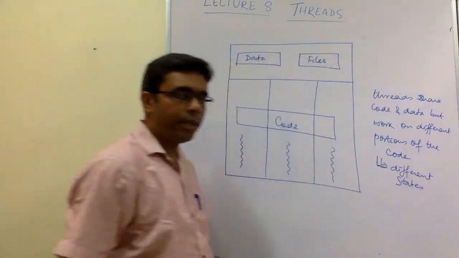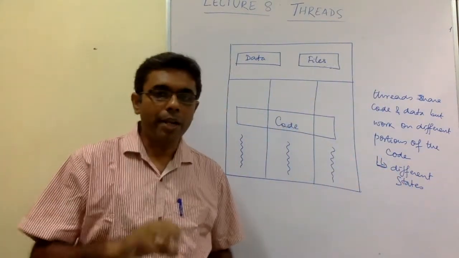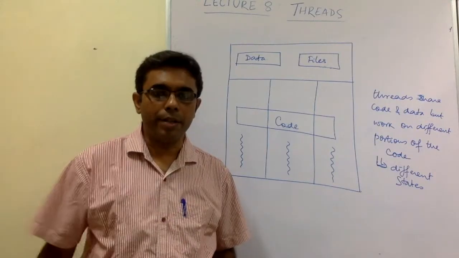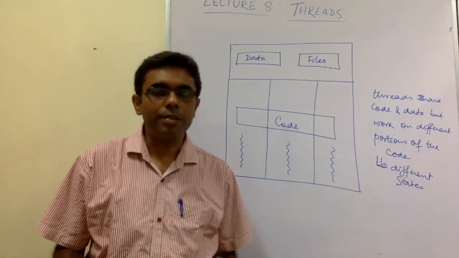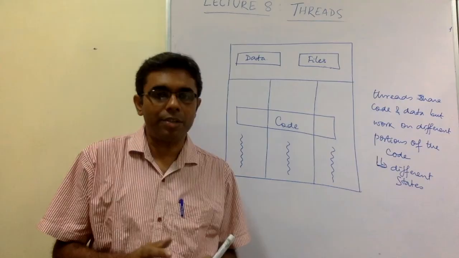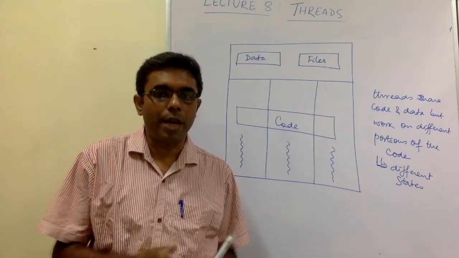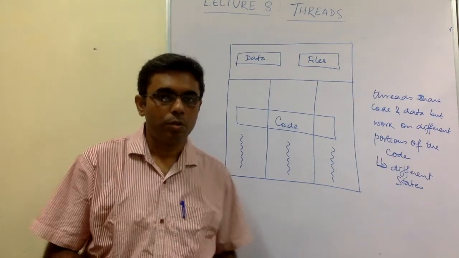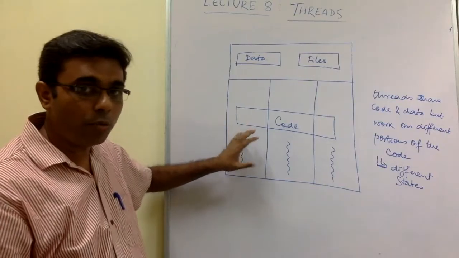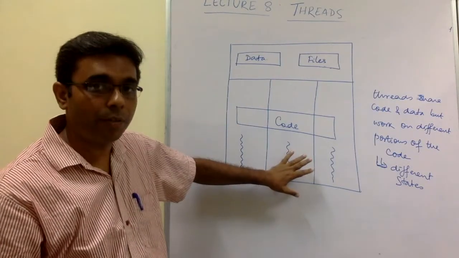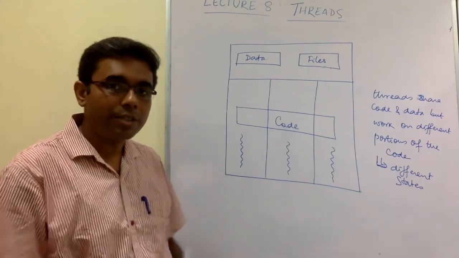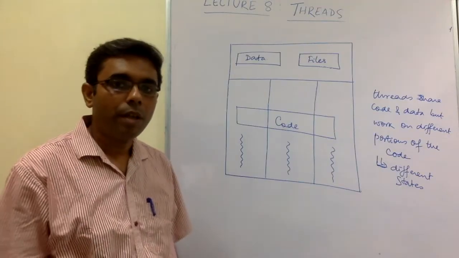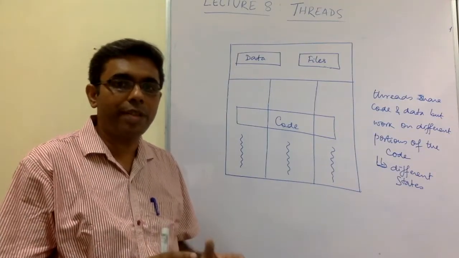So if they have different states and you would like to switch between the threads, the state of the currently executing thread has to be saved. When a particular thread is working and you want to switch to execution of a different thread, the state of the thread has to be saved, right? And where will these states be saved?